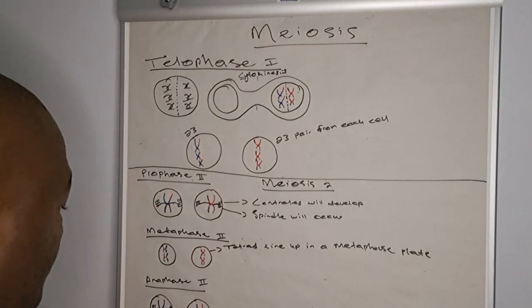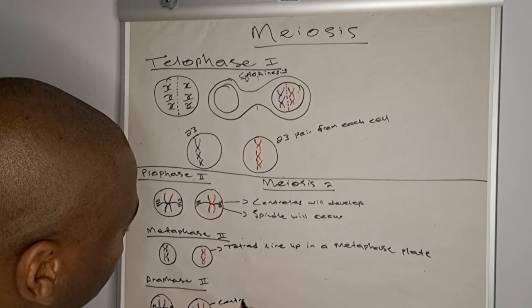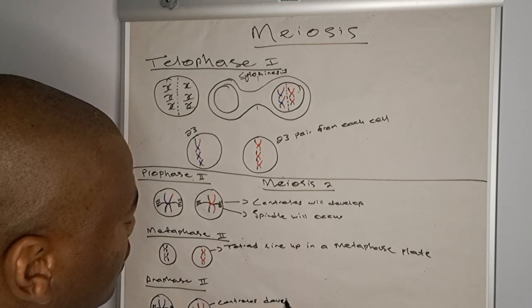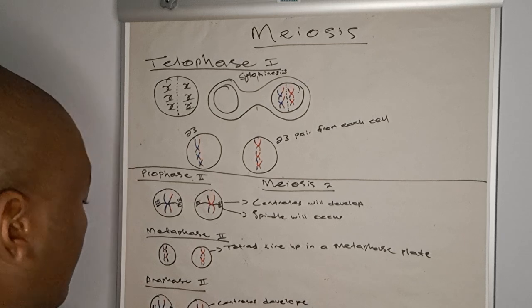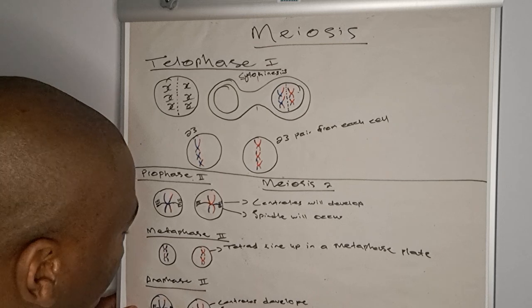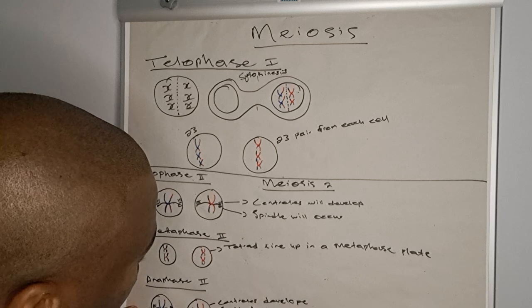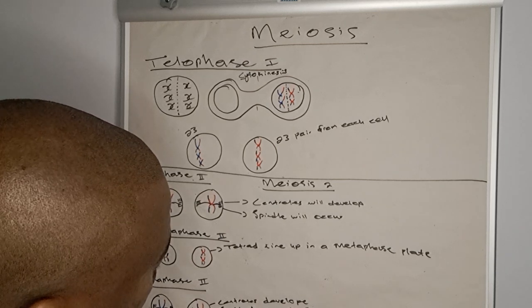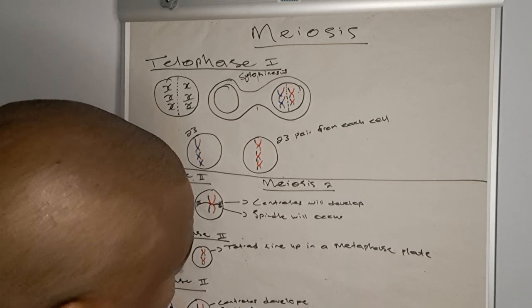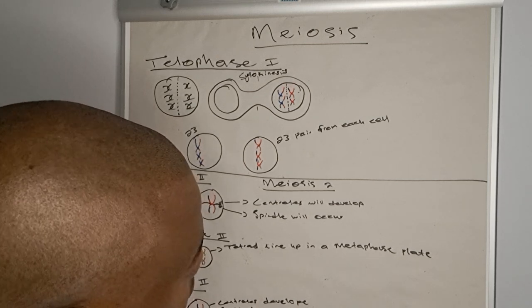Now, centrioles will develop meiotic spindles, so that the meiotic spindles can pull apart.